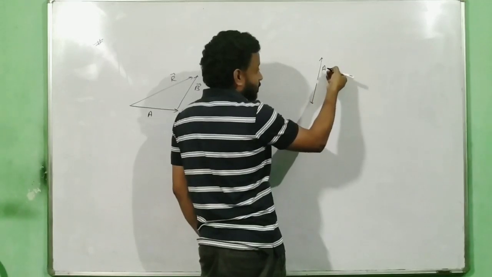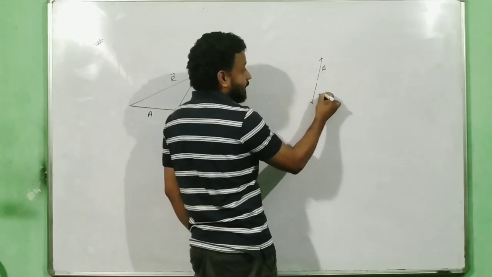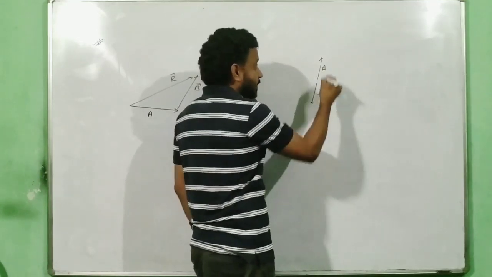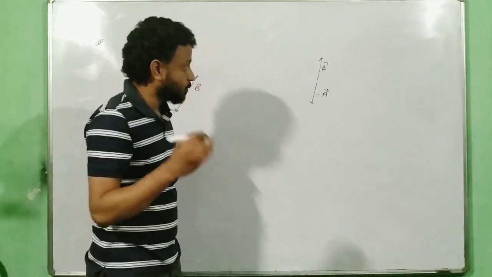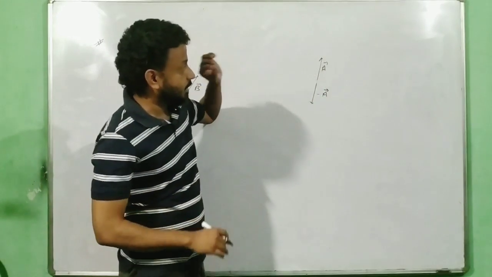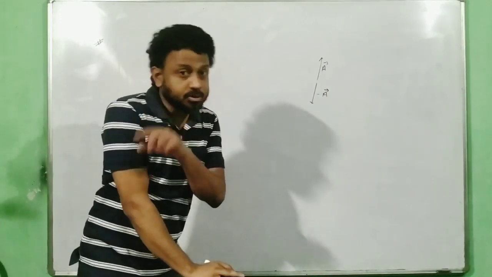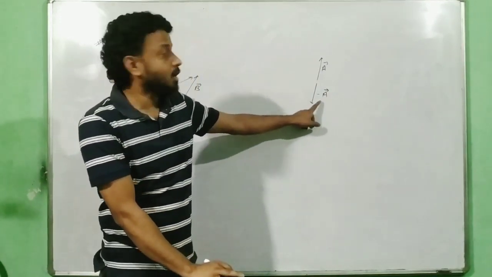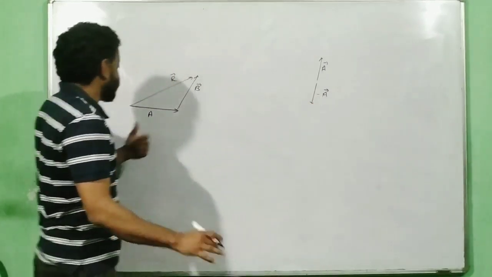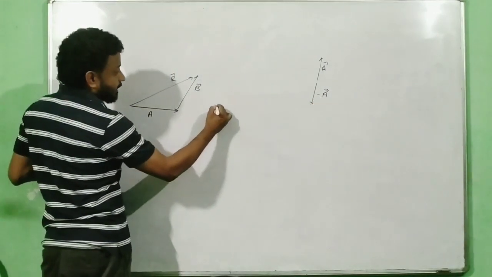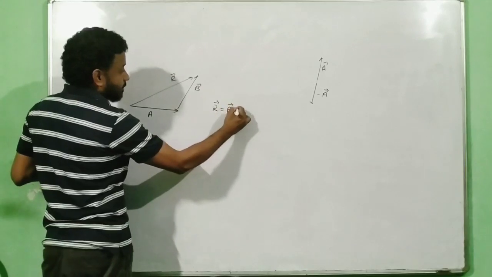For a given vector, if I have to draw in the opposite direction, I can do that, but I have to write a minus sign. I hope you know that. So if a vector is given to you, and you wish to draw a vector in the opposite direction, you can do that, but you have to put a minus sign. So what is this vector? This is my resultant vector of A vector plus B vector.